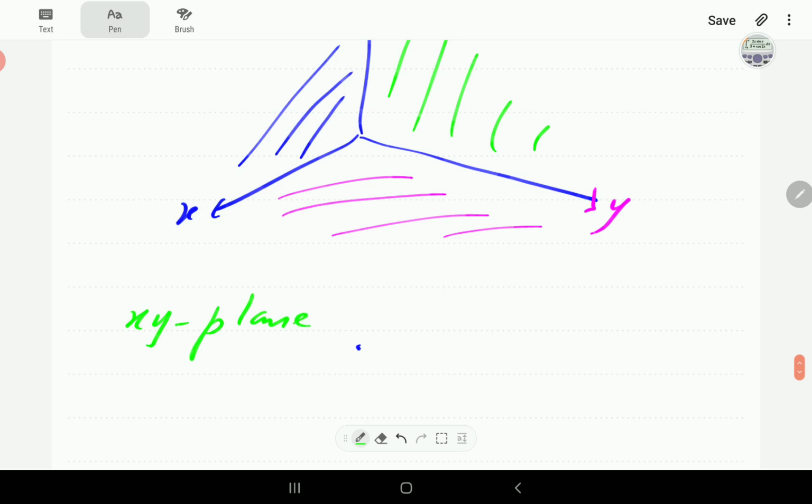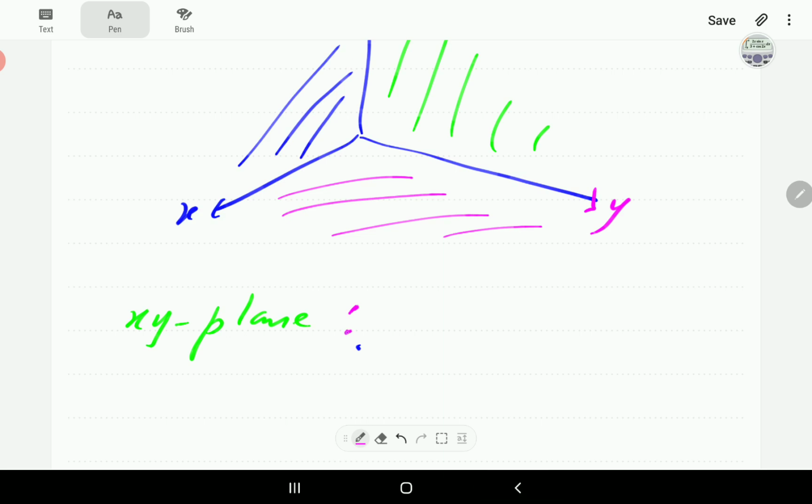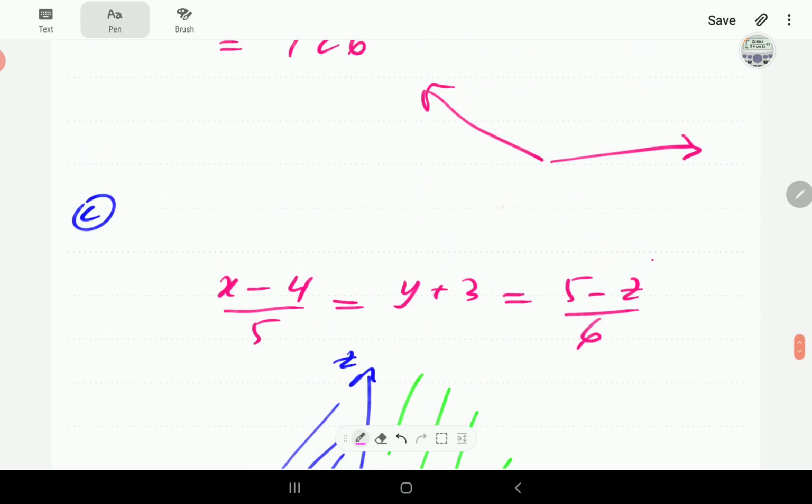Along the XY plane, z is equal to 0. X and y vary. So we're going to have to plug in z equals to 0 there, and then you can get y, you can get x.